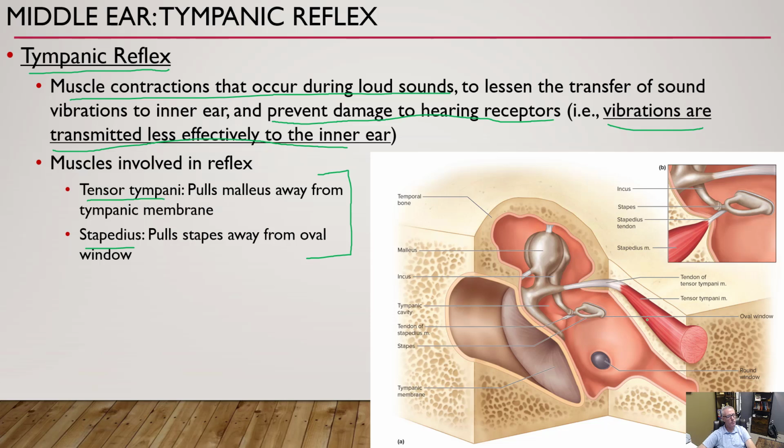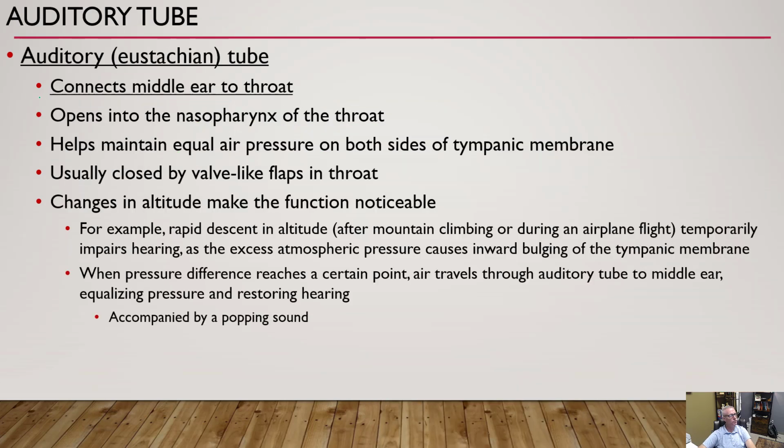Now, before we move on, we have this thing called an auditory tube that's down here. Remember, we have that external ear canal where you stick your Q-tip in, but we also have this auditory tube as well. It's also called the eustachian tube, and it connects the middle ear to the throat.